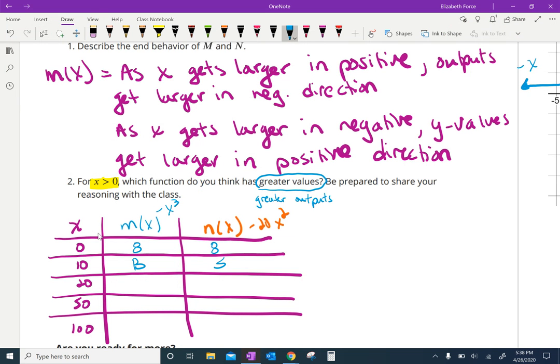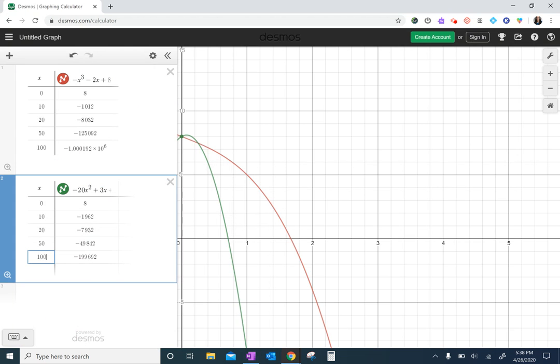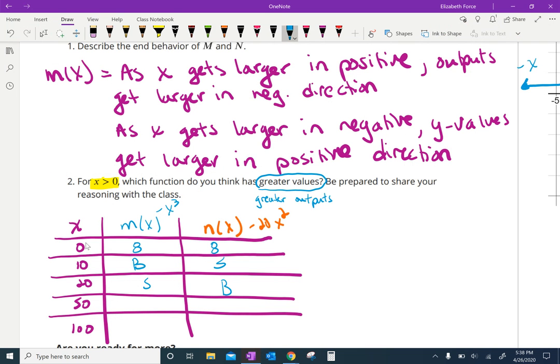So this now becomes bigger compared to that. Let's look at 50. You're really going to start seeing the difference here. We've jumped to 50, and our degree 3 is at negative 125,000, roughly. The degree 2 is only at negative 50,000. So now you really start to see that the degree 2 is the bigger one.